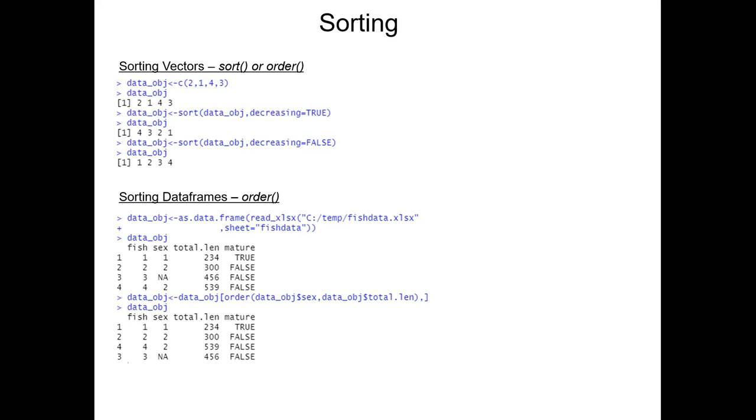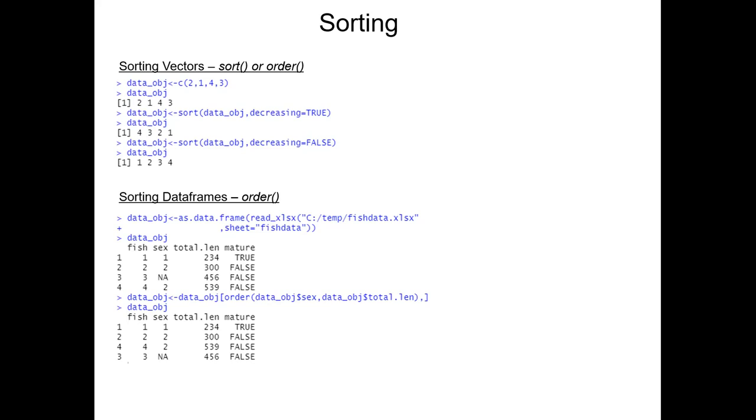So in this case, I'm specifying data object sex. So I want to order by sex, but also total length. And again, the column position will be blank because you want to keep all columns. And when you do that, you can see how that was ordered.